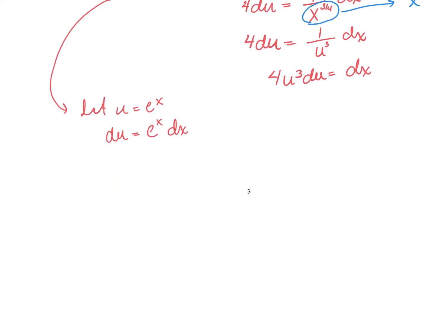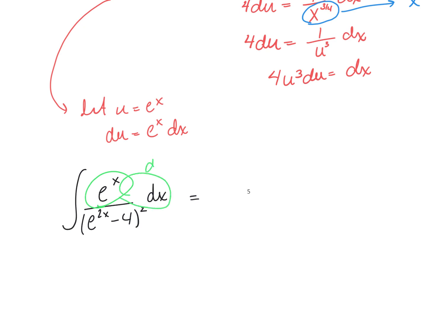So my integration of e to the x over e to the 2x minus 4, the quantity squared, dx becomes, the dx gets replaced with a du. This gets replaced with u squared. So what I have is the integration of 1 over u squared minus 4, the quantity squared, du.